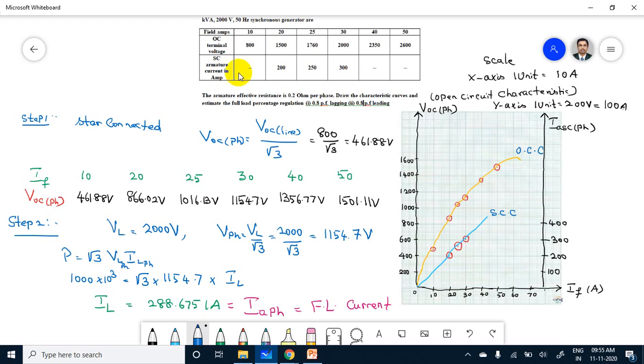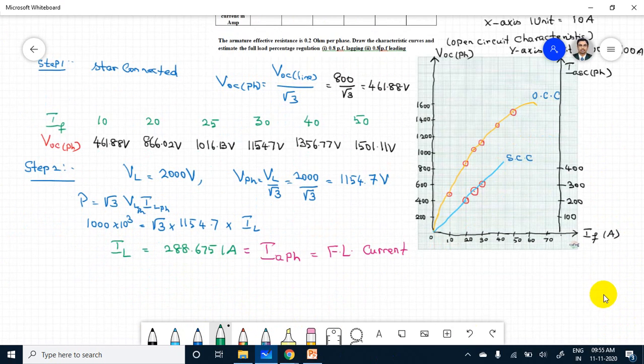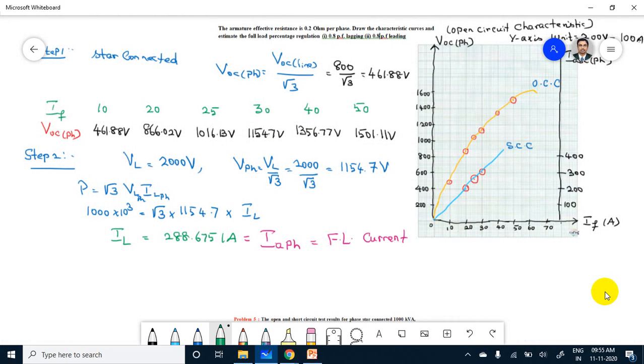Now from the graph we have to plot. How much is this IA phase? We got the full load current, 288.67. This value I am going to plot. Take it down here.